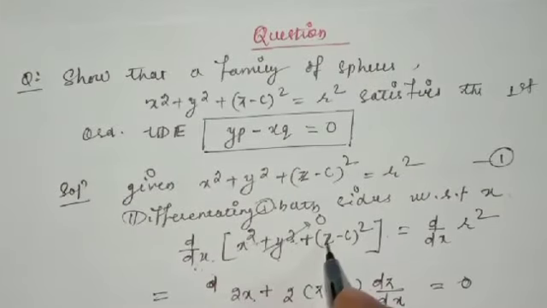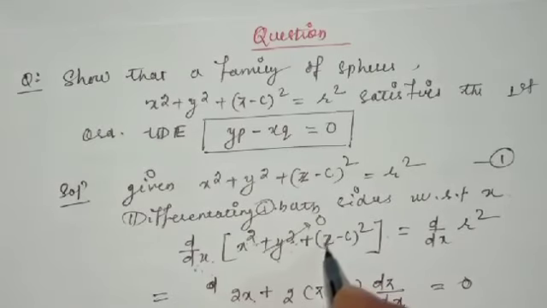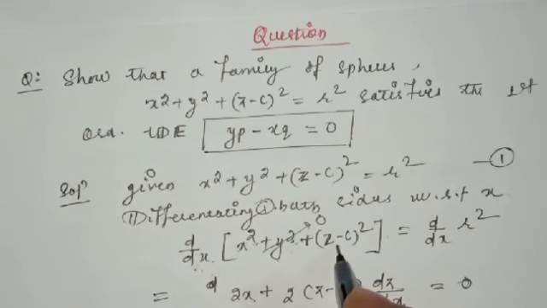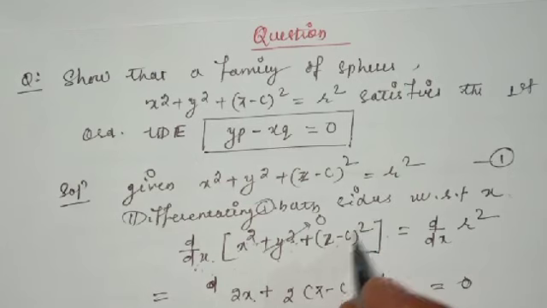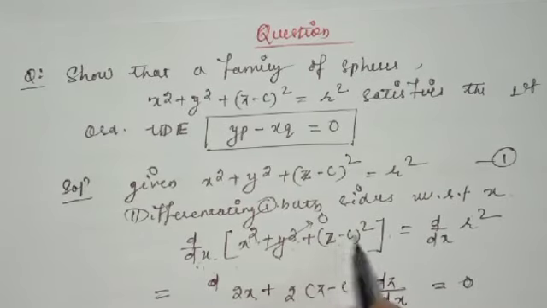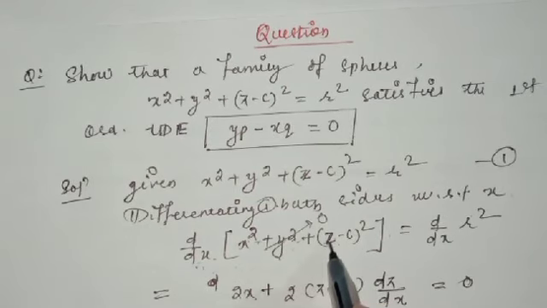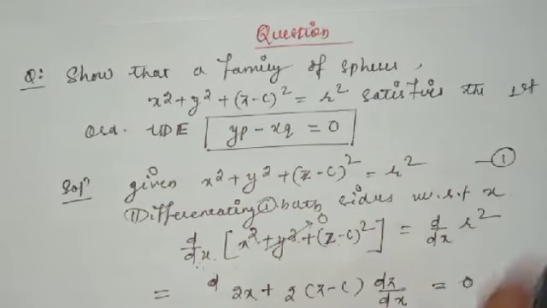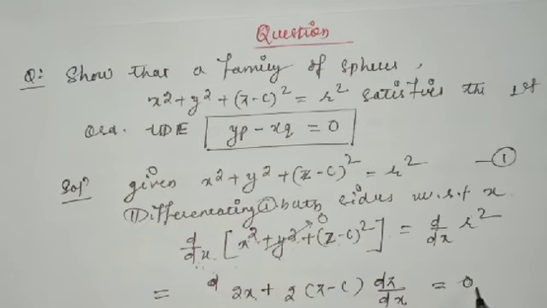Here we don't know what z contains, either x or y, so we took the derivative. It may not have any x term, but z contains x and y, so we got the derivative here, that is 2(z minus c) dz by dx is equal to 0.